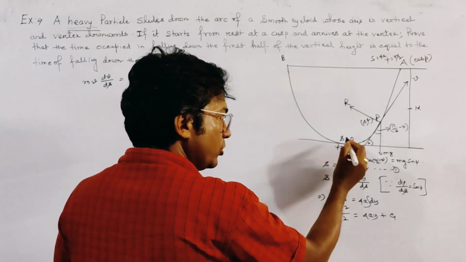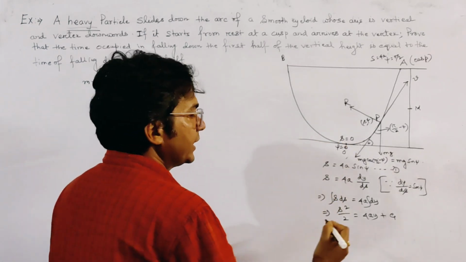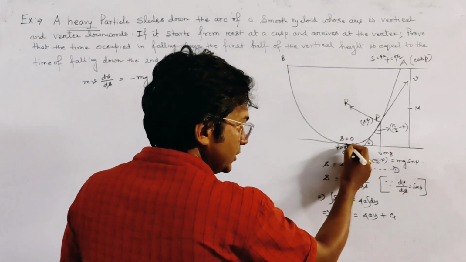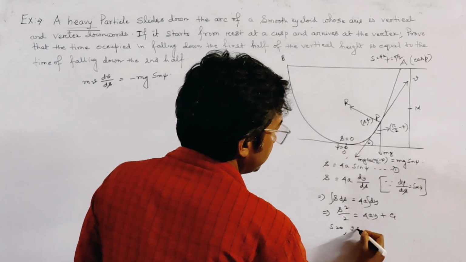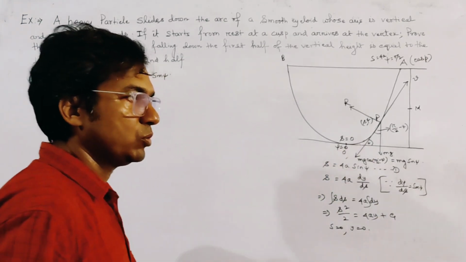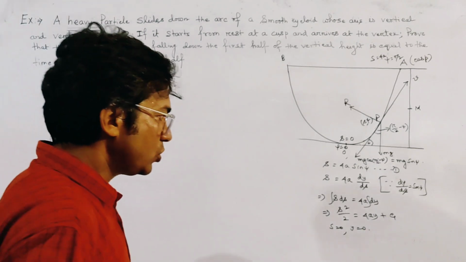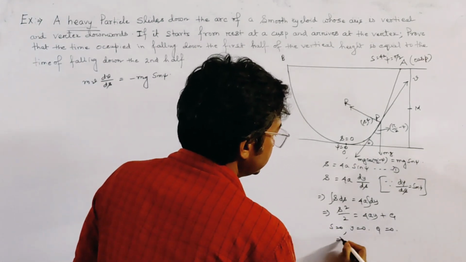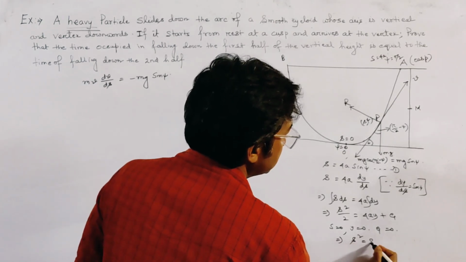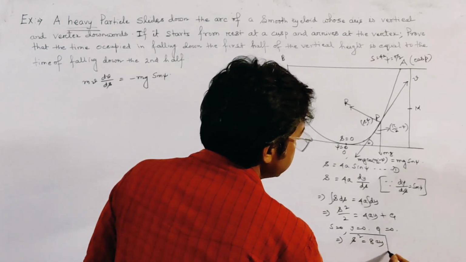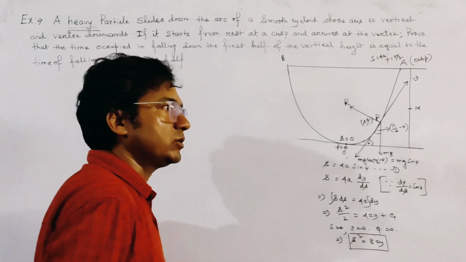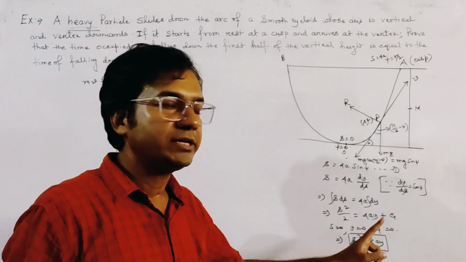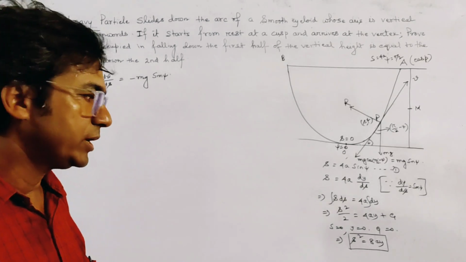Initially at the vertex O, s = 0 and y = 0, so C1 = 0, that is s squared = 8ay. This is an important relation of the cycloid, the relation between arc length s and vertical height y.